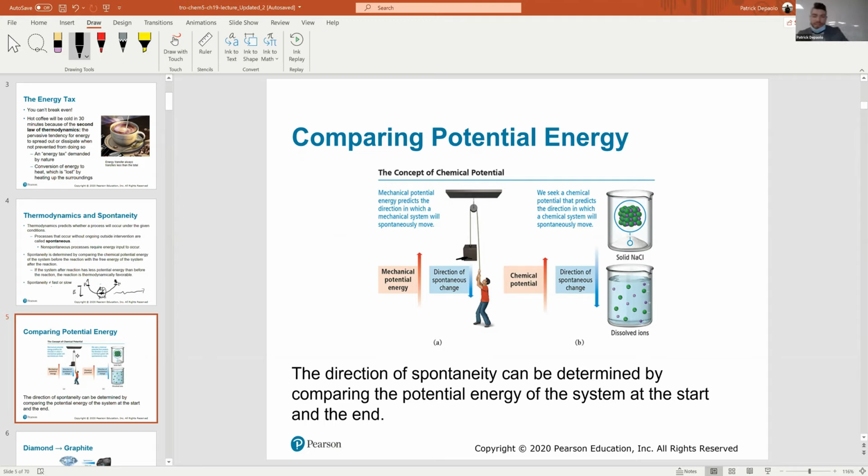Same with solid NaCl. If you put NaCl in water, it will spontaneously dissolve. The Na and the Cl will dissociate from one another because that is the energetically most favorable ionic positioning, meaning the water molecules will rip the NaCl apart into its charges, as you learned previously.